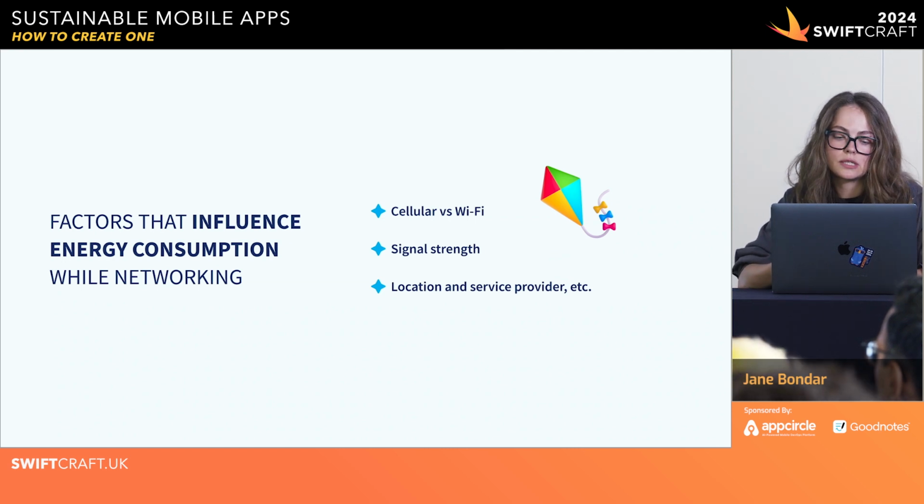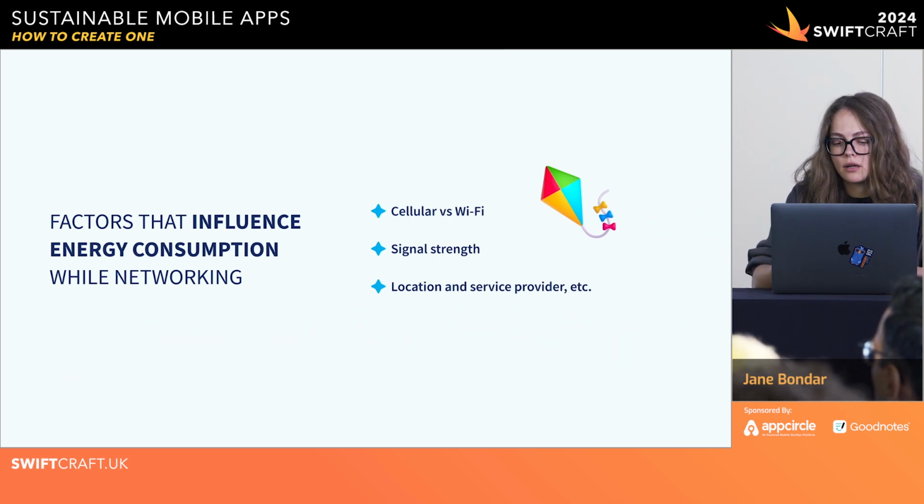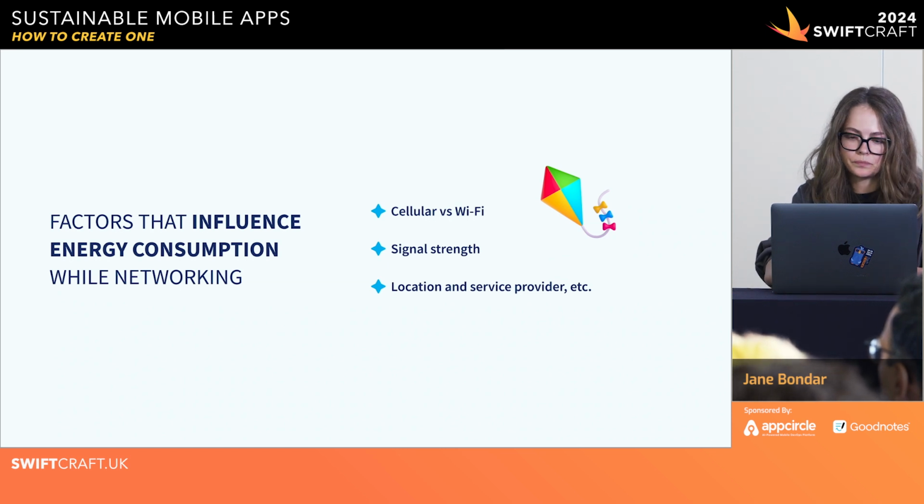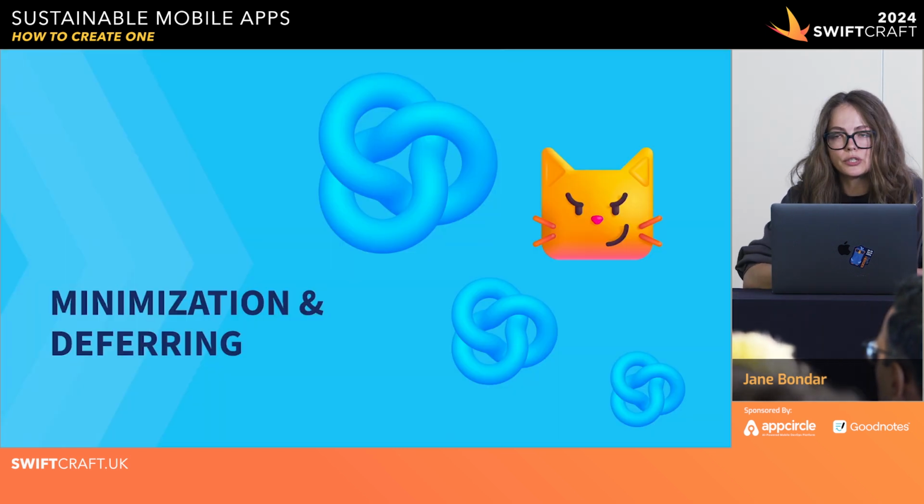Several factors influence energy consumption when you make requests in your app. For example, cellular networks consume more energy compared to Wi-Fi. Also, weak signals and limited bandwidths lead to prolonged radio activity and are bad in terms of energy efficiency. Efficient networking in apps can prolong battery life.